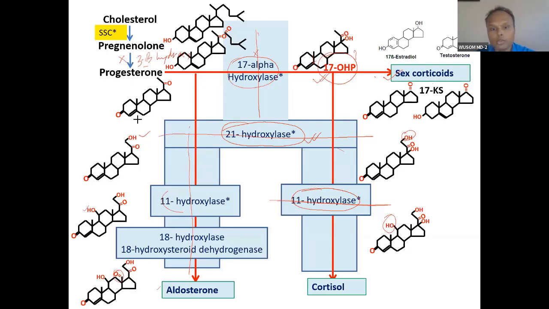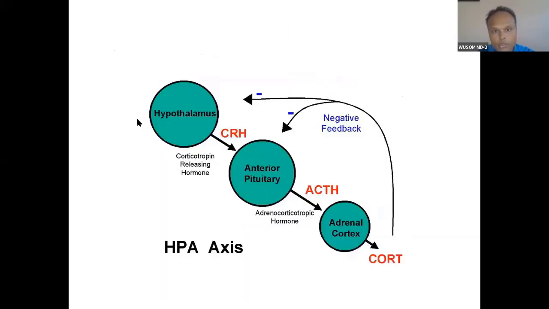This is the molecule of cortisol. In cortisol you will see hydroxylation at the 17 position and then 11. But in aldosterone synthesis, you will not see 17. So the difference between aldosterone and cortisol: just remember 17 hydroxylase in cortisol, 18 hydroxylase in aldosterone.